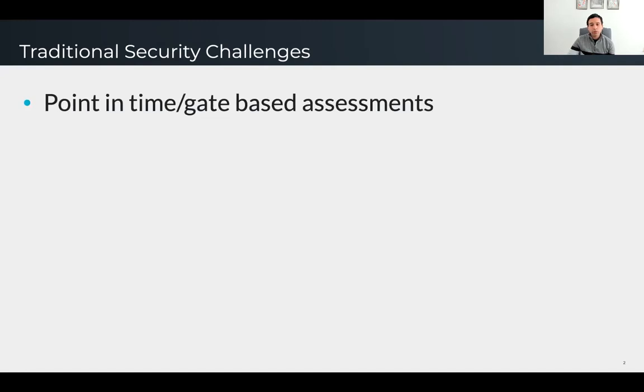One of the challenges was that the way we assess our environment for compliance with the policies were through point-in-time assessments. And these were things like verifying the security of our systems at deployment gates, or periodic security reviews that don't really take into consideration the evolving nature of the systems and applications that you're trying to assess.